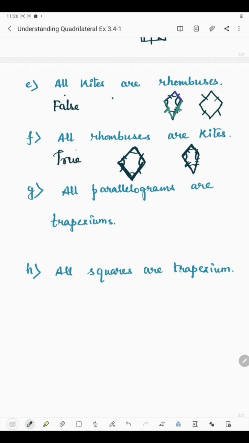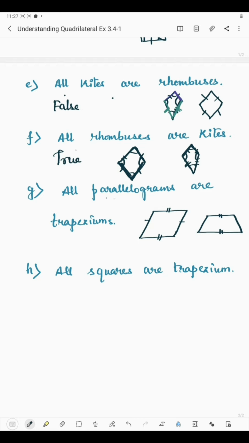Okay. Now coming to G part. In G part we have: all parallelograms are trapezium. Now this is the parallelogram in which opposite sides are equal and parallel, and in a trapezium one pair of parallel sides is there.